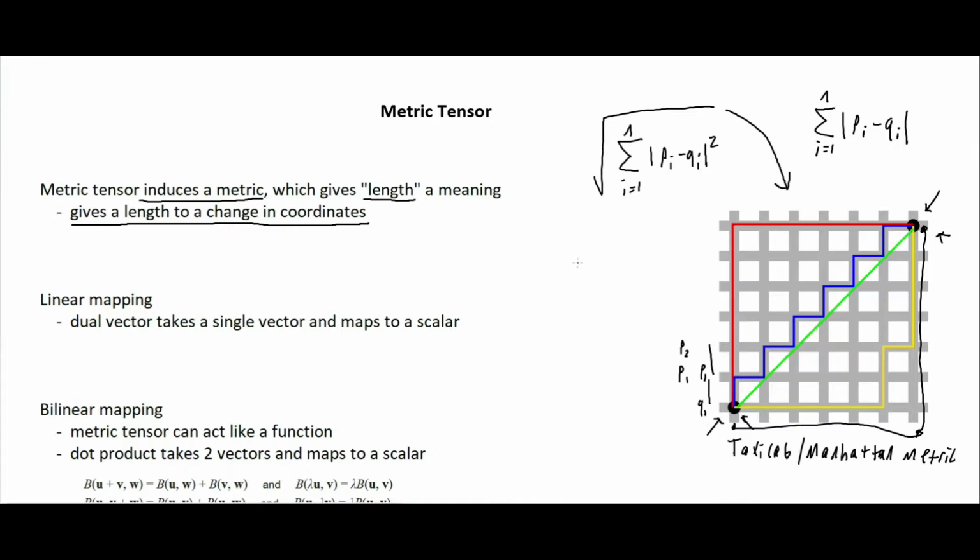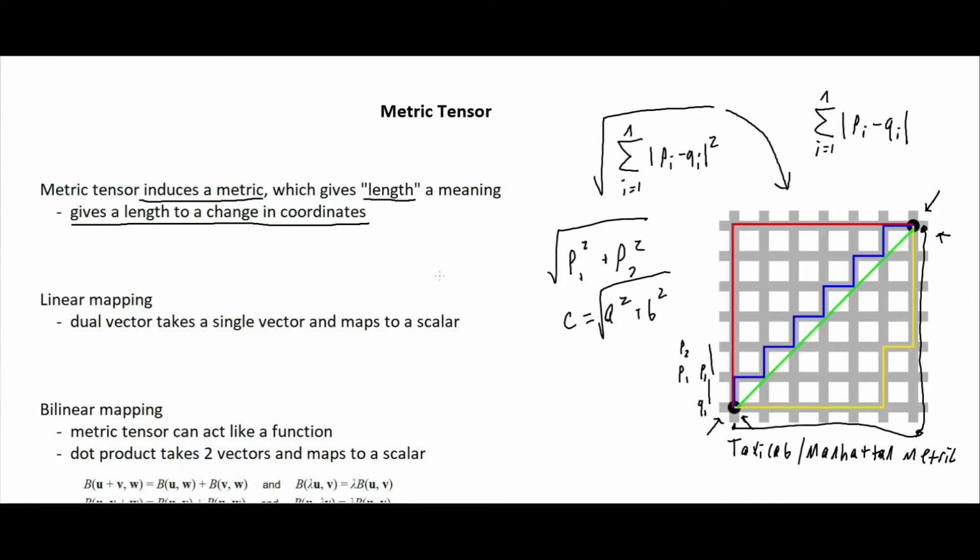So it would just be p1 squared plus p2 squared, and then the square root of all of that, which is the same thing as c equals the square root of a squared plus b squared. But anyway, I don't want to get too far down that rabbit hole. The idea is that the metric tensor induces this metric, which gives length a meaning. And that is what the metric tensor is doing.